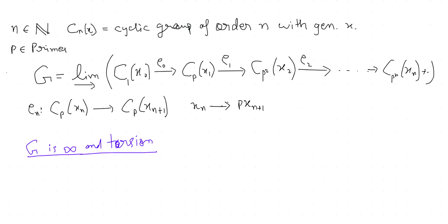My question is, will every element of G be the image of a generator in one of the cyclic groups?